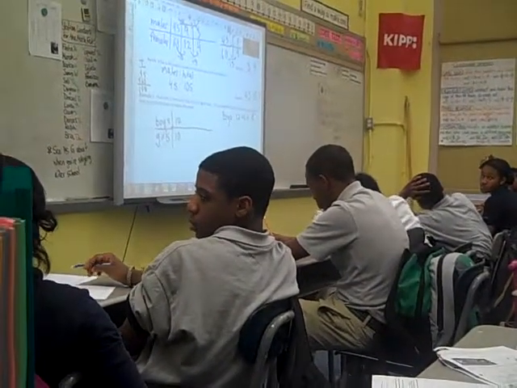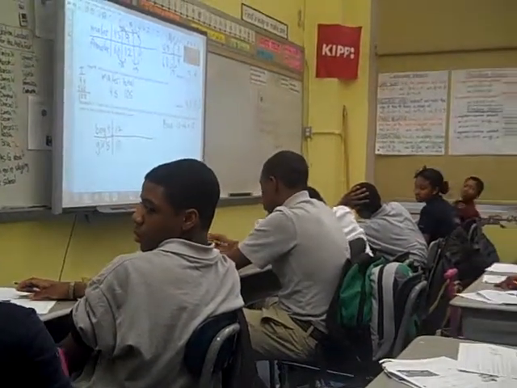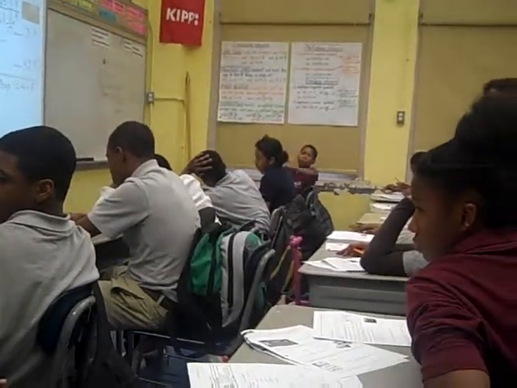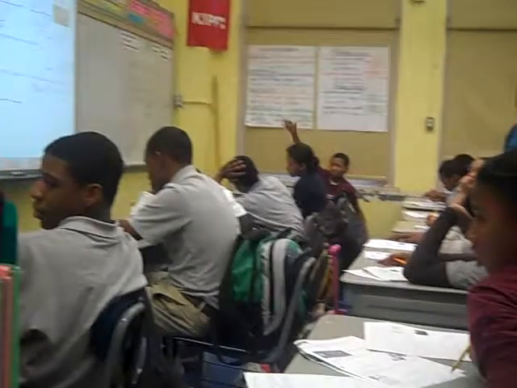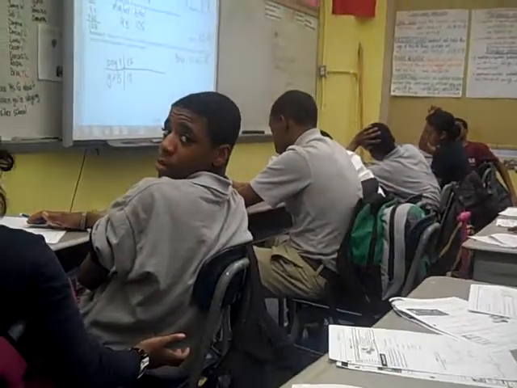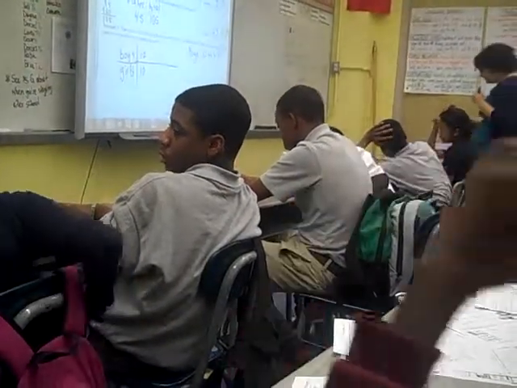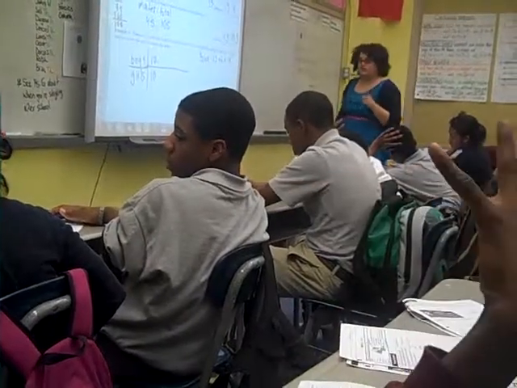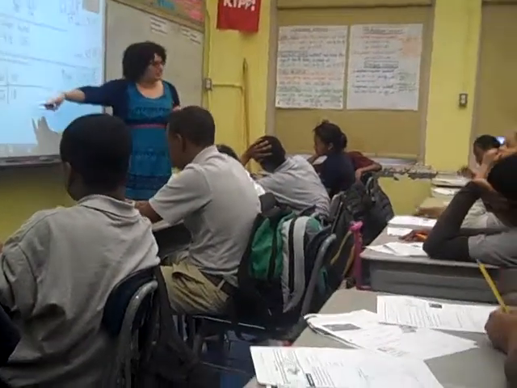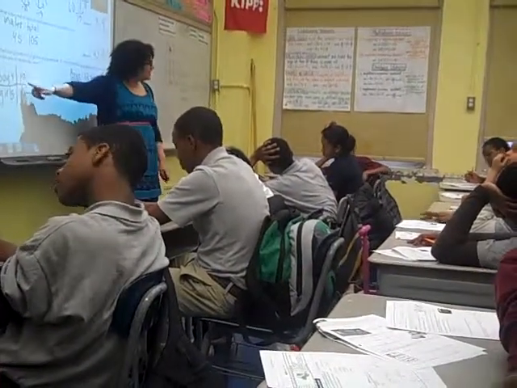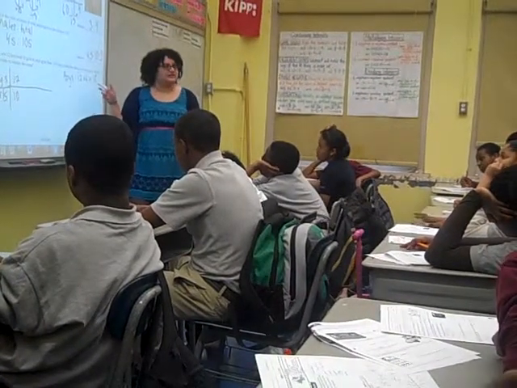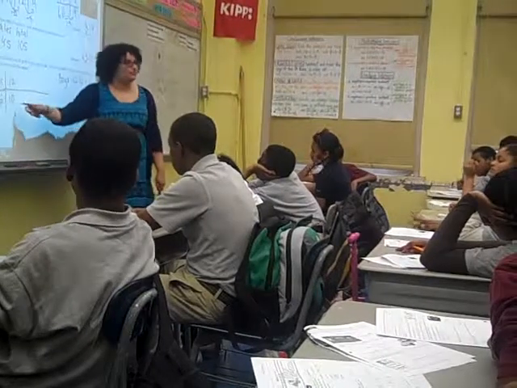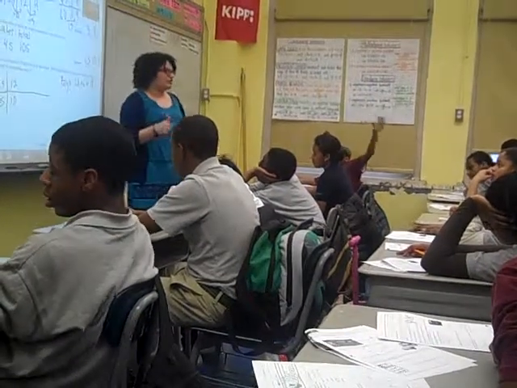If 6 boys were in class, the girls have to get more girls for the ratio to remain the same. Good. So we're trying to keep this ratio here of 12 to 10, but we've put 18 boys in our class. And we want to know how many girls do we have to put to keep that same ratio.